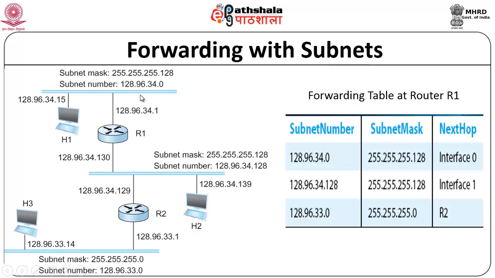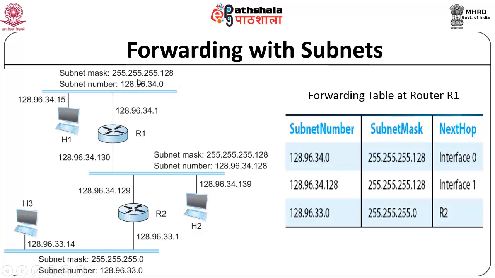Now how do I arrive at this number? If I take any of the complete addresses that I have on the subnet and apply this mask, what we mean by that is that we are doing a bitwise AND operation. Since we are ANDing with all ones and zeros, the portion which is ones, which corresponds to the network part and the subnet part, will be isolated, and the node part of the address will be blanked out, zeroed.